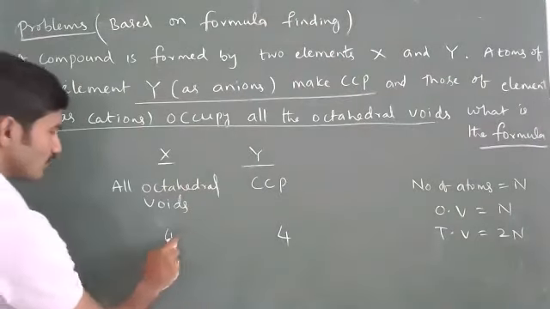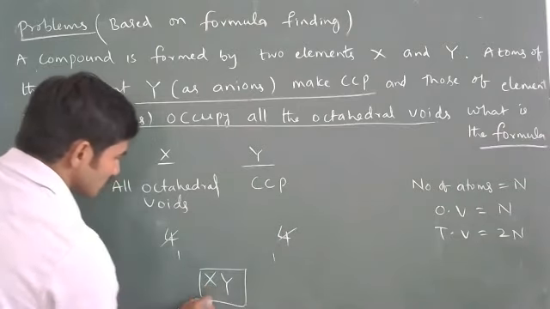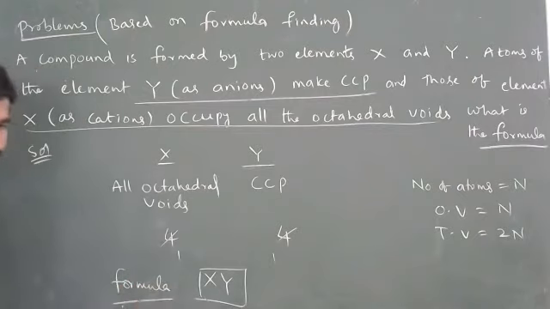So Y is CCP, and X occupies all octahedral voids. CCP means 4 atoms, so there should be 4 octahedral voids. So 4 and 4; if you cancel this, 1 and 1. So the formula is XY. This is the formula. Is that clear?